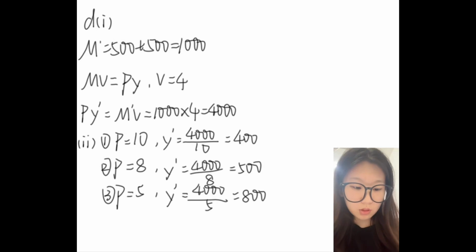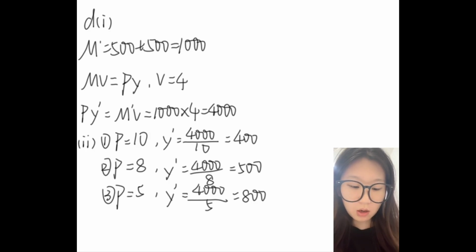In this question, there are two parts. The first part is to calculate the total nominal income. We know that M is 500, so the new money supply is 1000. According to the equation MV equals PY, the total nominal income can be calculated as 4000.